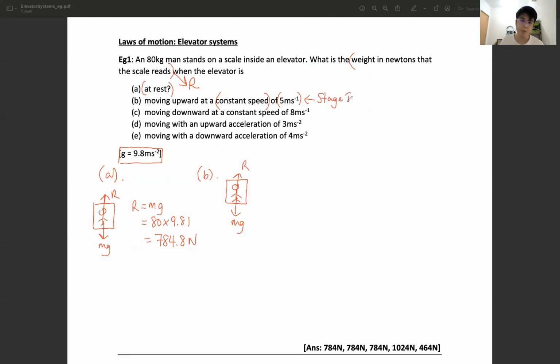Stage 1, either constant or uniform. So again, we use the same, R equals mg. You don't care about the speed. No matter how fast it moves, it's the same thing. The reaction does not change. So R equals 80 times 9.81, same answer as the first one, 784.8 newtons.